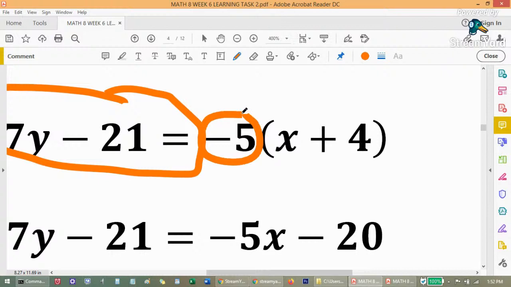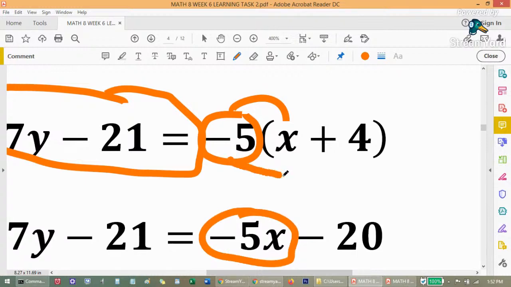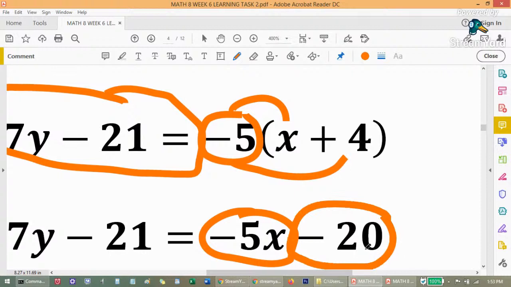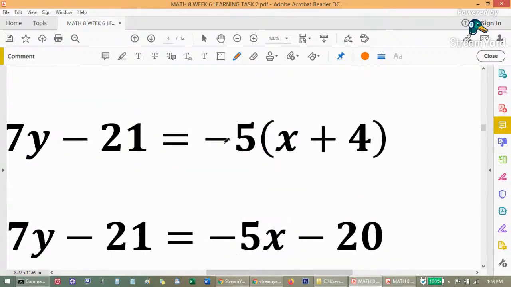Negative 5 times x is negative 5x. Negative 5 times positive 4 is negative 20, no? So, pag multiply, unahin natin ang sign.